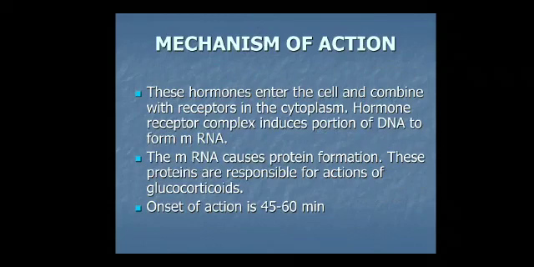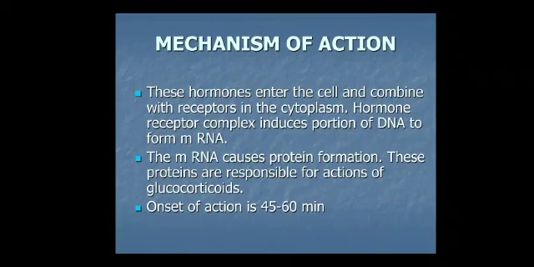Mechanism of action. As we all know, this is a steroid hormone. So how will a steroid hormone act? It easily crosses the plasma membrane. Then in the cytoplasm it binds to a receptor, so a hormone receptor complex is formed. This hormone receptor complex enters into the nucleus and selects a portion of DNA.